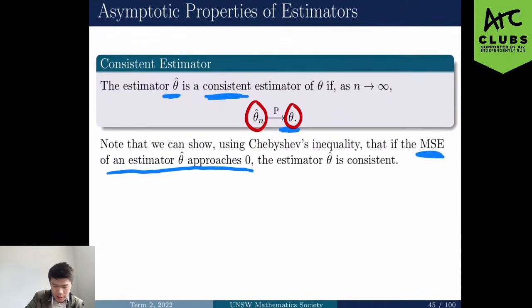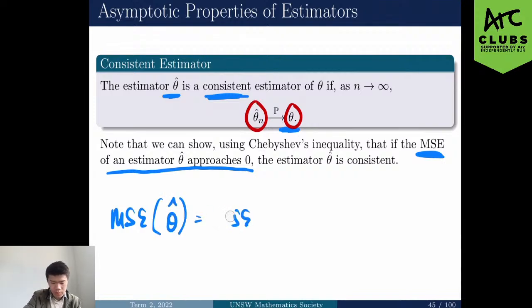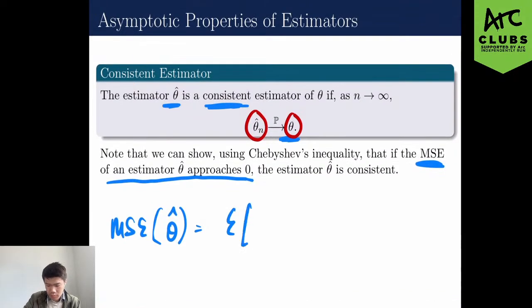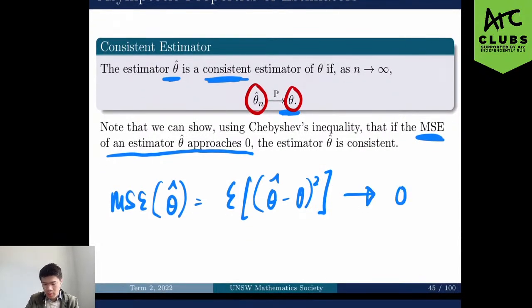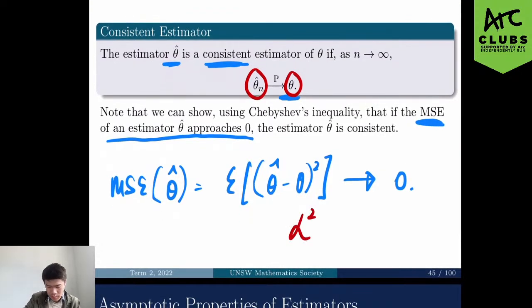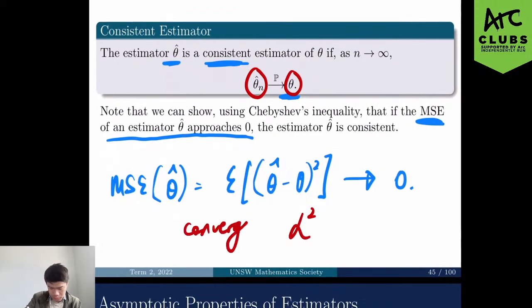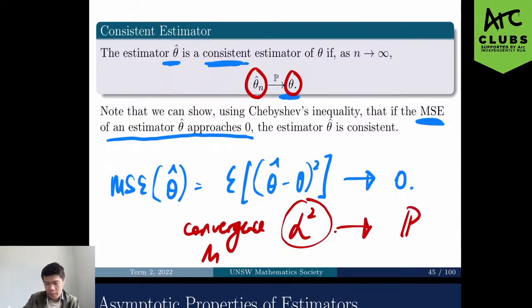And why is that? Because the MSE of theta hat is equal to the expectation of theta hat minus theta all squared, and if that approaches 0, then that means this is convergence in L2. Right, so if you've got convergence in L2, we learnt before, that means you get convergence in probability for free.